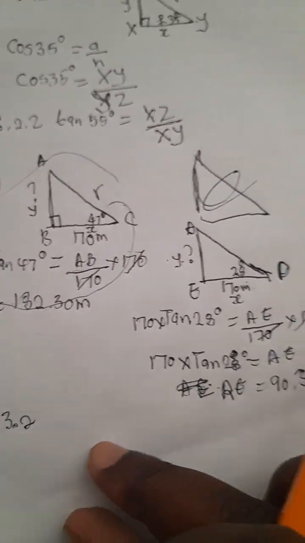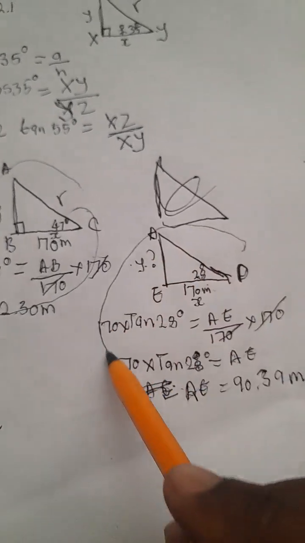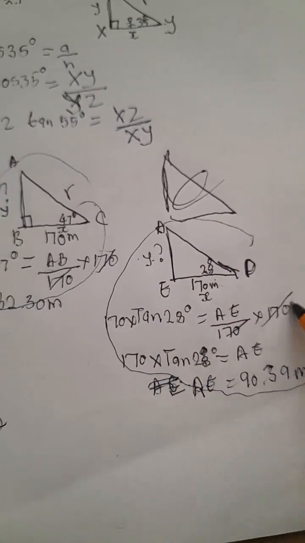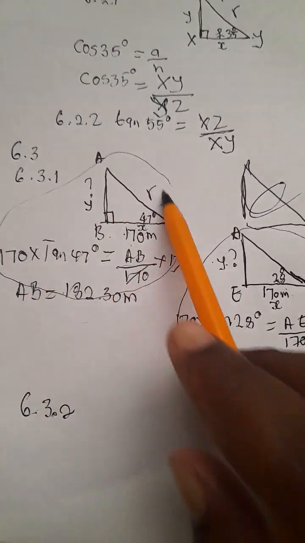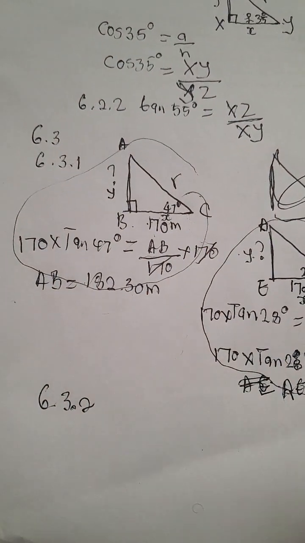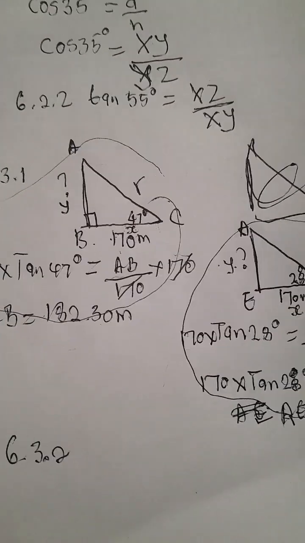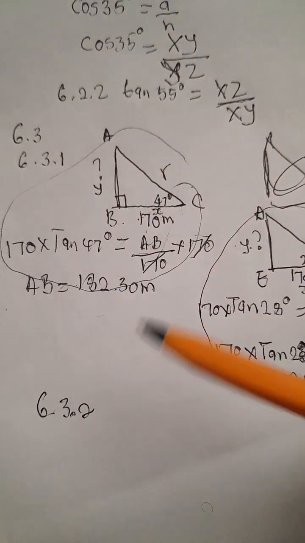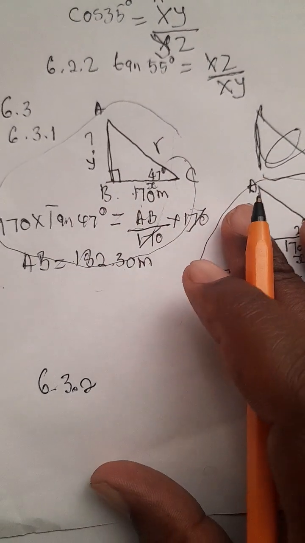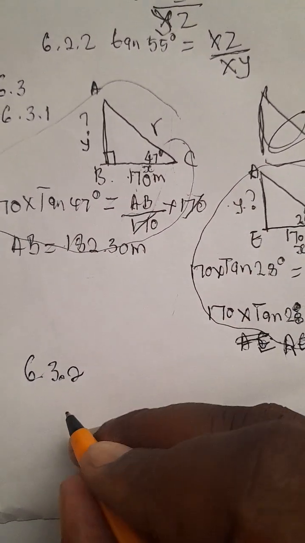This goes for 6.3.1. This is the first information you need to write, the one where you calculated AB. Now after writing this first step, we need to find EB.